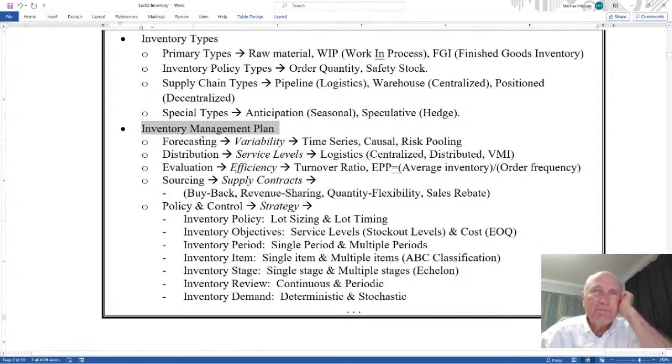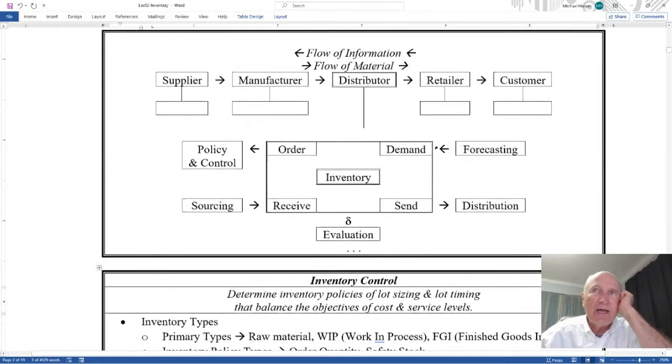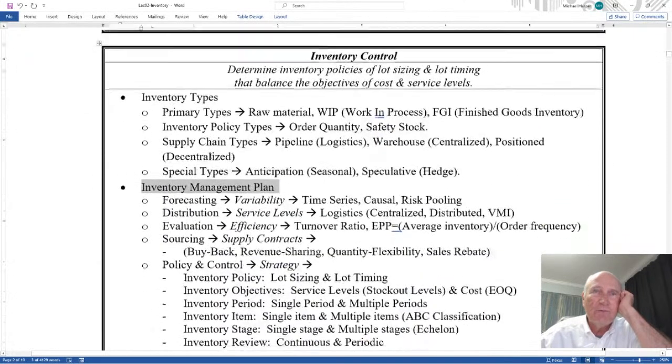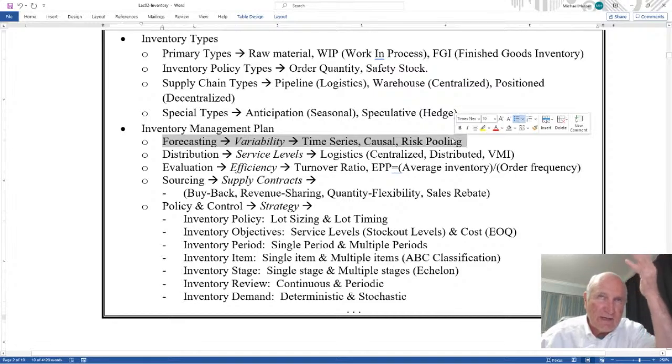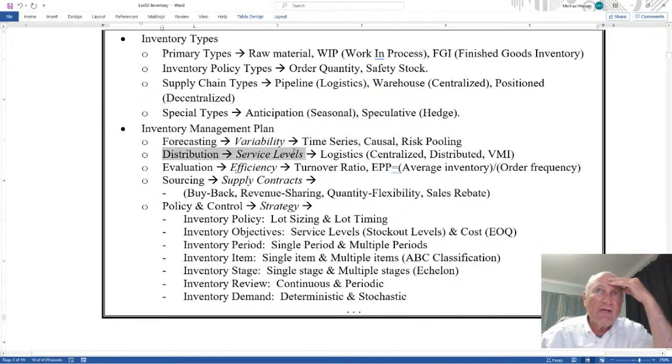Inventory plans. Well, remember up here we have forecasting, distribution, sourcing, and policy and control. Well, forecasting has to do with variability, and that's time series, causal, and risk pooling. There's where that comes in. Distribution takeaways or service levels, okay, and that's logistics, centralized distributed, and vendor managed inventory. And so we'll look at these.